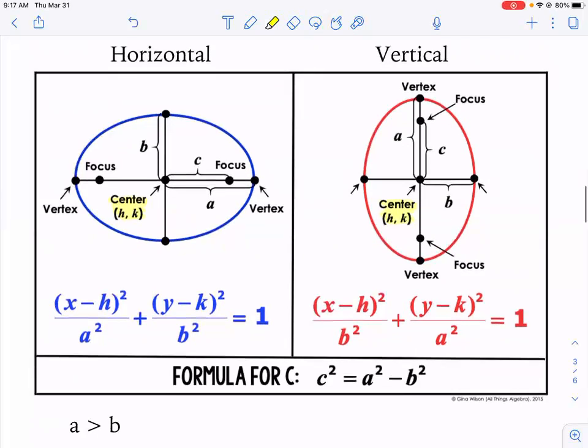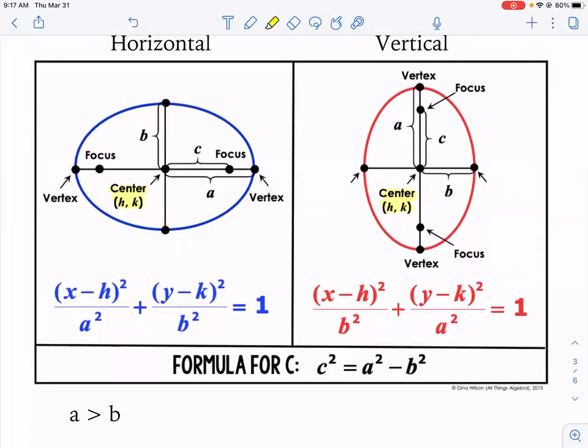This is because a is always greater than b, and a is associated with the major axis, okay? So if the bigger number is underneath the x squared, we have a horizontal ellipse. If the bigger number is under the y squared, then we have a vertical ellipse, okay?